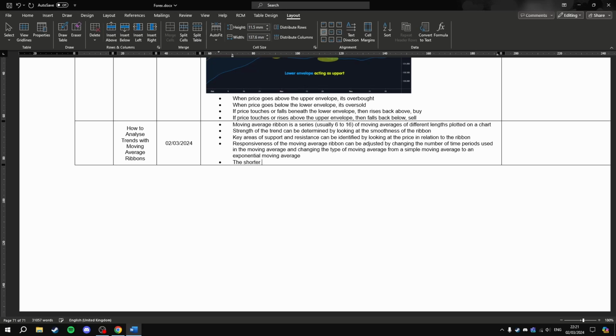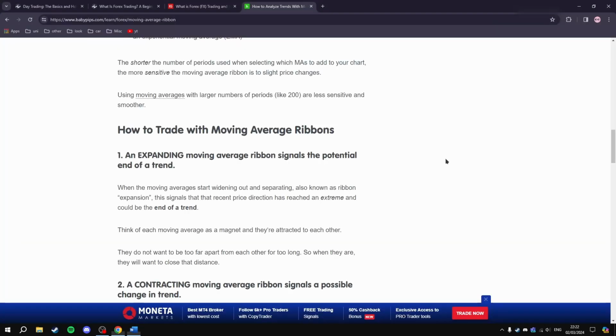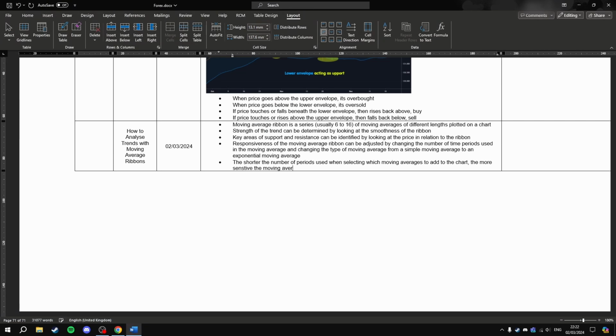The shorter the number of periods used when selecting which moving averages to add to the chart, the more sensitive the moving average ribbon is to slight price changes.